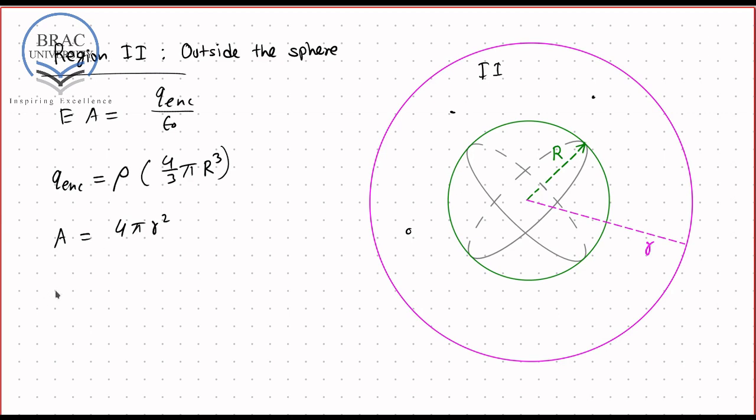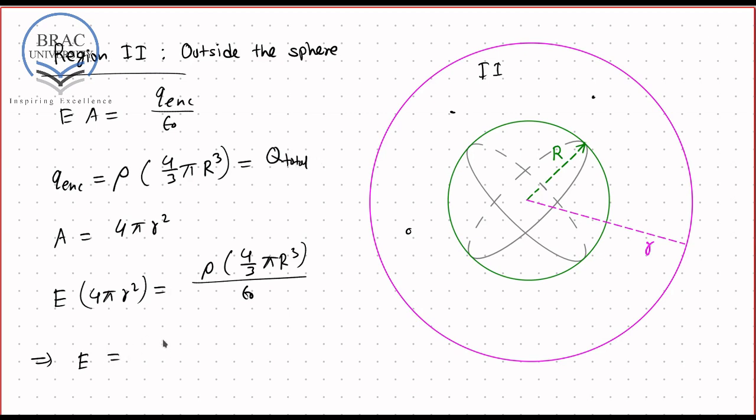If you plug those in, you have E times 4 pi r squared equals rho times 4 by 3 pi R cubed divided by epsilon naught. And now, what is this rho times 4 by 3 pi R cubed? This is the total charge, Q total. So you have Q total divided by 4 pi r squared epsilon naught.